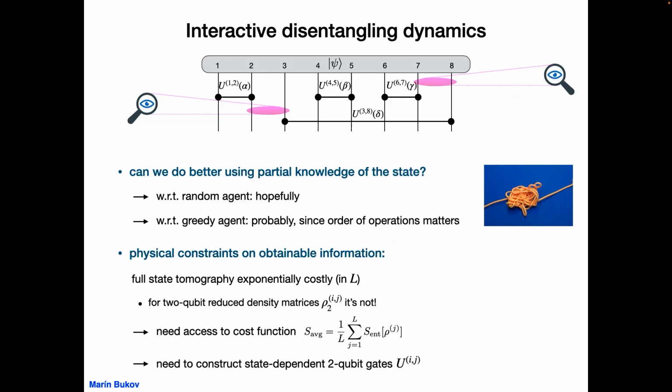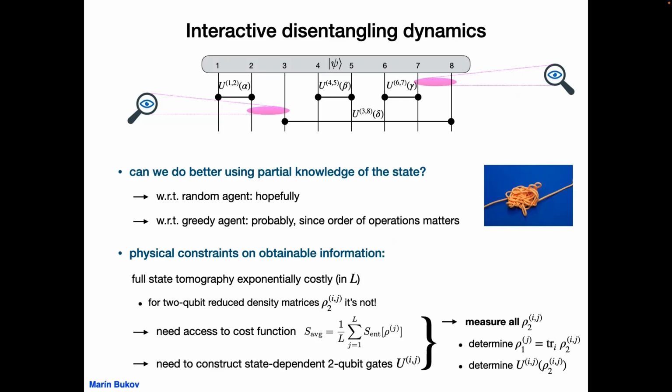Now, in order to do this business, what I also need is 2 more things. So first, I need access to the average entanglement, because this is the quantity that I want to minimize. And then what I also need is to be able to produce those gates, because remember, I told you that the gates will depend on the state. Okay? And so the idea here is that if you measure all 2-qubit reduced density matrices, then it's very easy to determine the single-qubit reduced density matrices from those, and therefore compute the cost function.